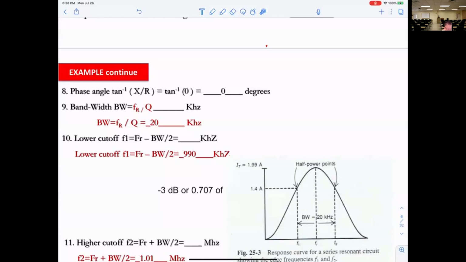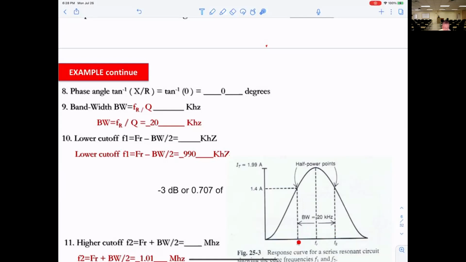This is the formula to calculate the bandwidth: bandwidth equal FR divided by Q, and that will be equal 20. That means from here to here will be 20 kilohertz.